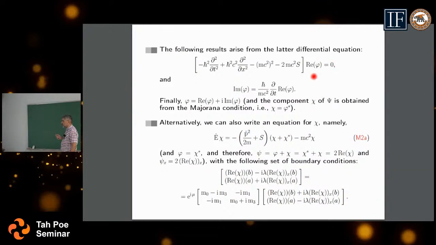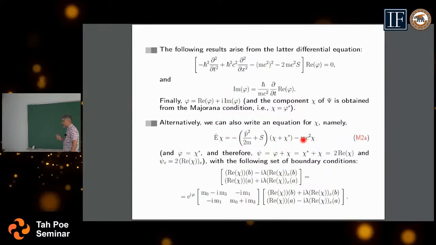The real part satisfies the Klein-Fock-Gordon equation, and the imaginary part is just the derivative with respect to time of the real part. So you resolve this, and the imaginary part is obtained from this, and you get the solution of the equation. So the Majorana equation has a technique to get us the solution of the equation.